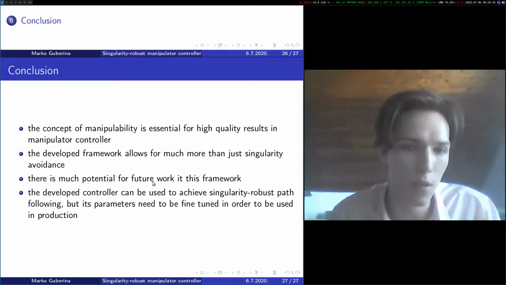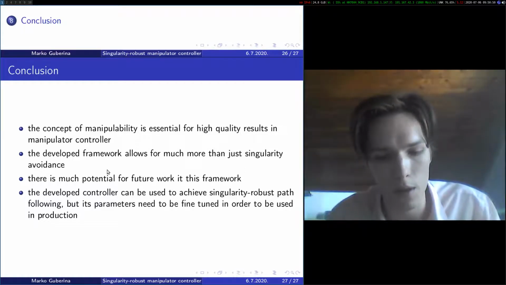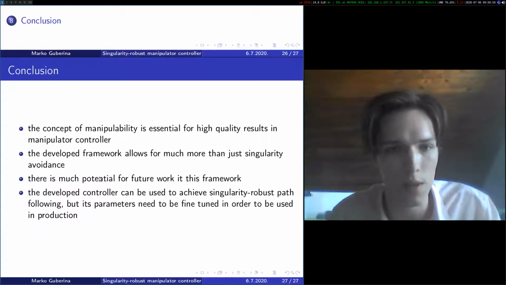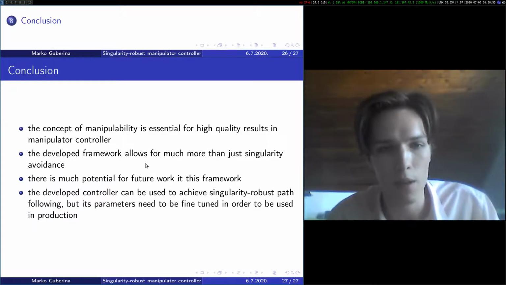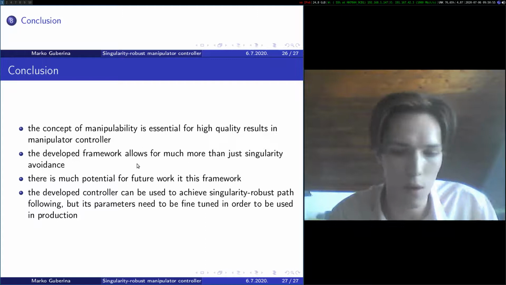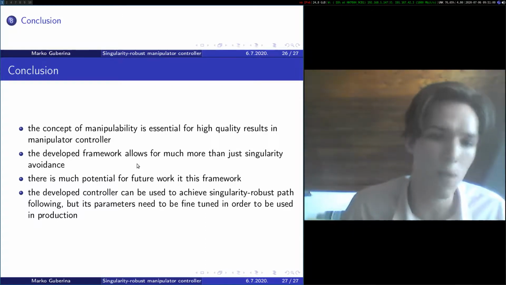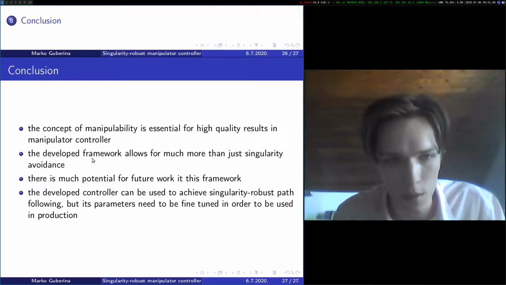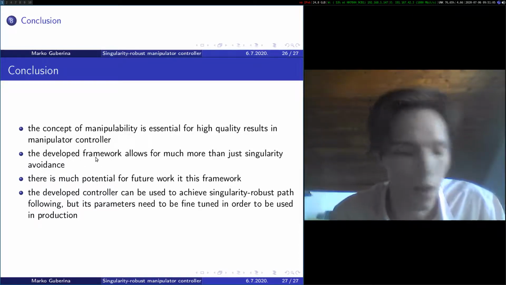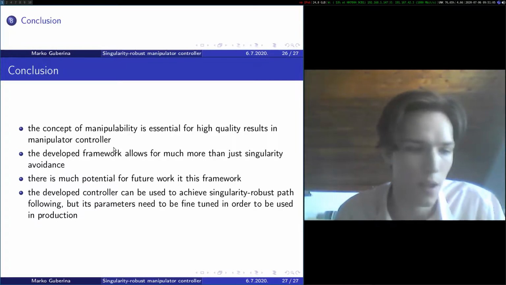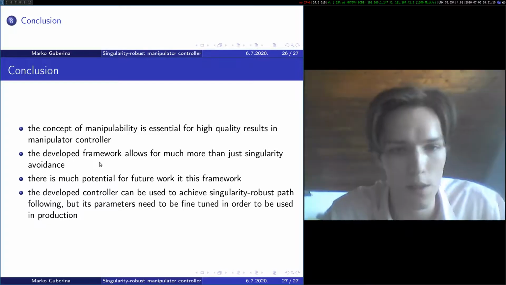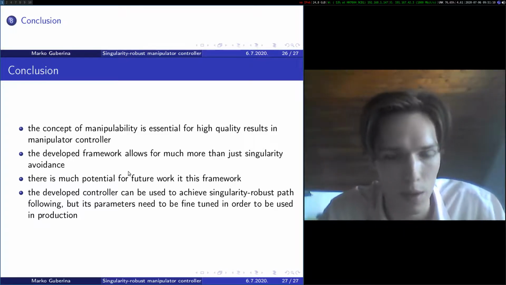We could also define some statistics on the manifold of the SPD matrices, and then we could learn manipulability. We could stabilize bipedal robots by maximizing the manipulability of the center of mass, and so on. So the framework is very general, the differential geometry framework. It allows us to do many things, and what's explored in this thesis is just really the tip of the iceberg with this approach.